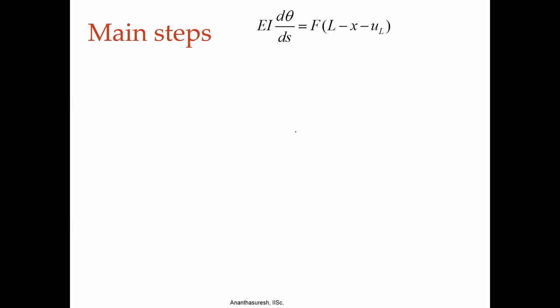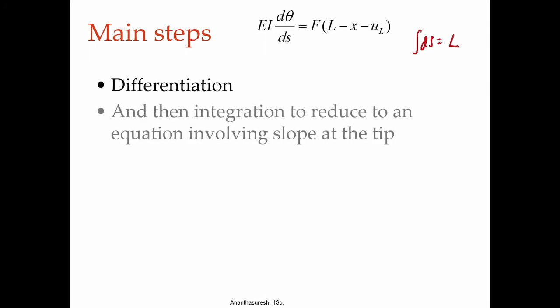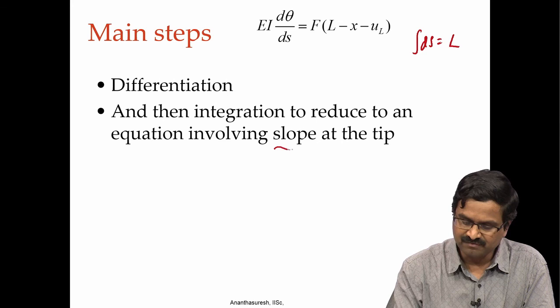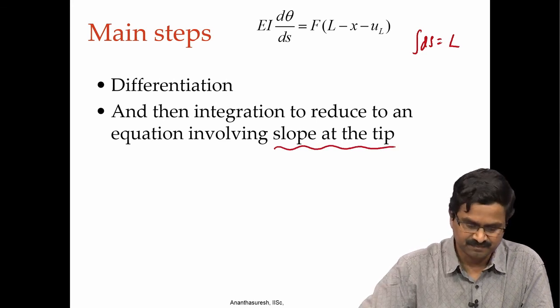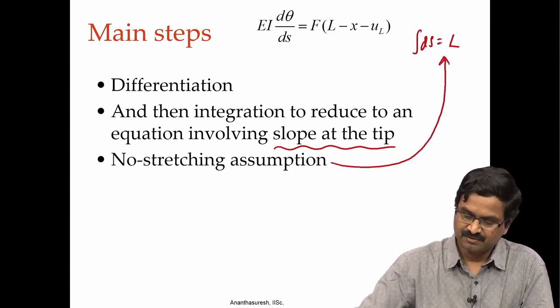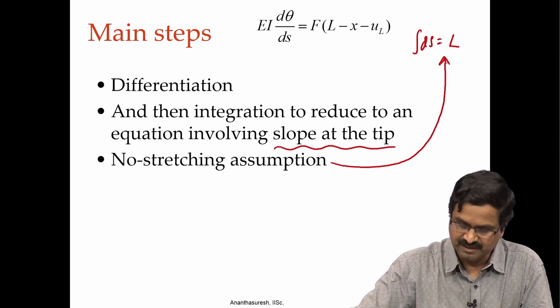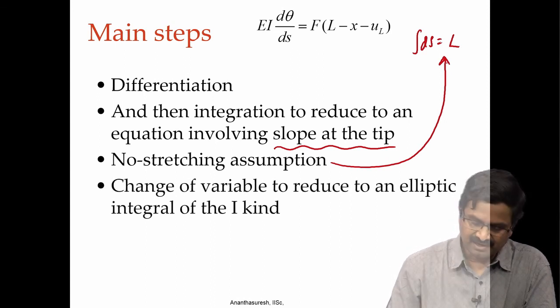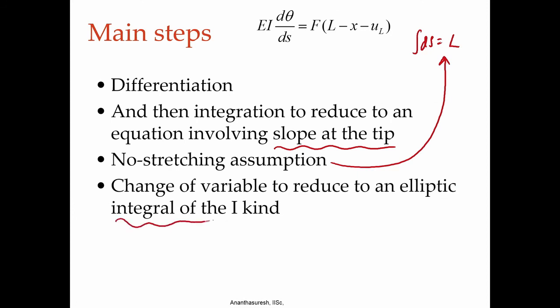So, let us now capture the important steps in what we discussed today. We started with this equation, and also we had that ds equal to L, those are the important equations. We first differentiated and then did an integration after a little manipulation to reduce to one equation involving only the slope at the loaded tip, and then we did this no stretching assumption, to solve for theta L, and then we reduced it to an elliptic integral of the first kind.